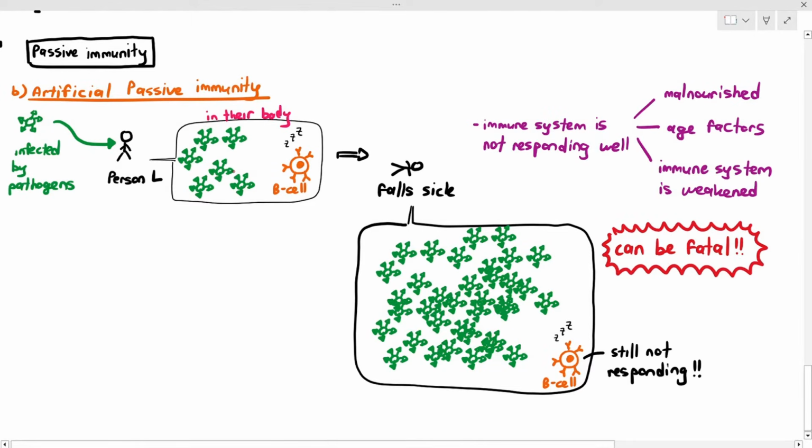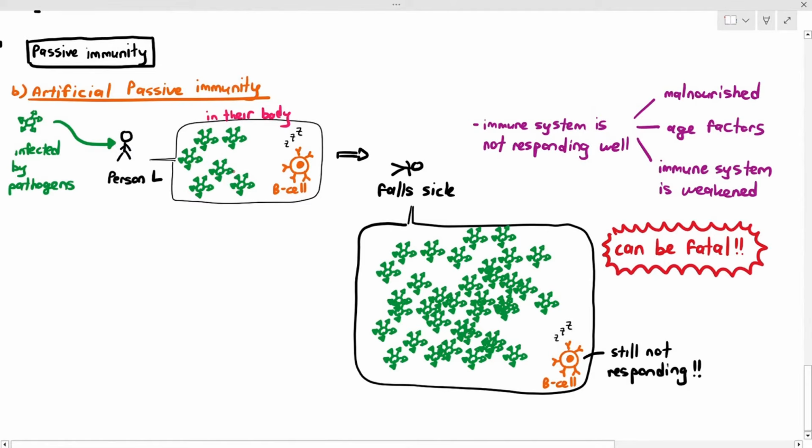Waiting for the immune system to respond is not a good idea in this case. Under normal circumstances, if the person was generally fine, we could wait for the immune system to kick in and respond to the pathogen, like for example in active immunity. But in this case, waiting for the active immunity to kick in might be deadly for person L.